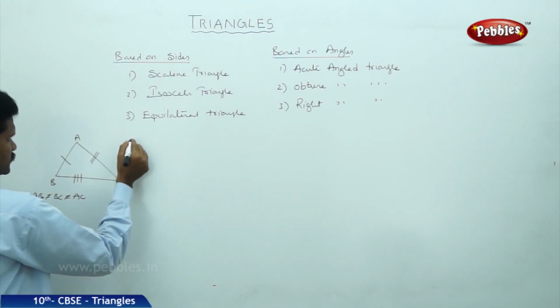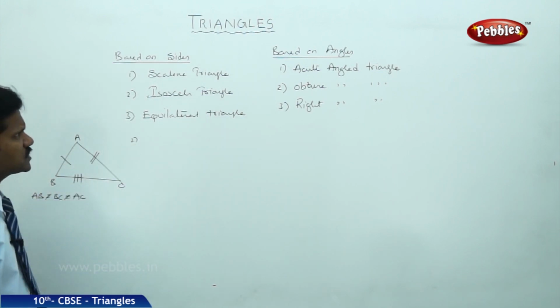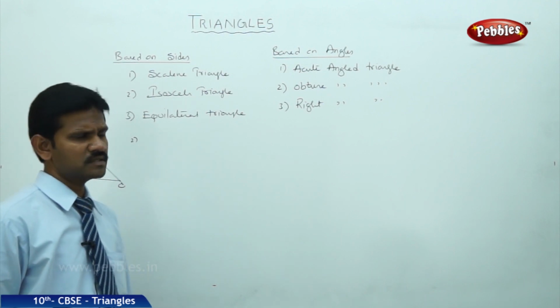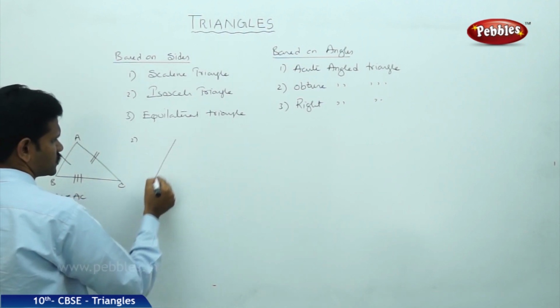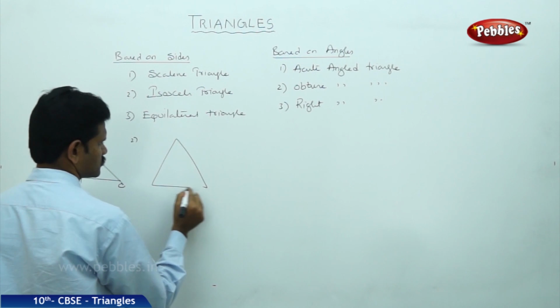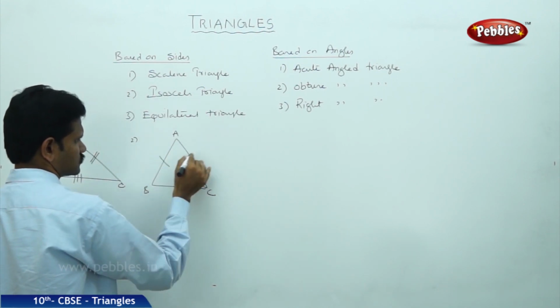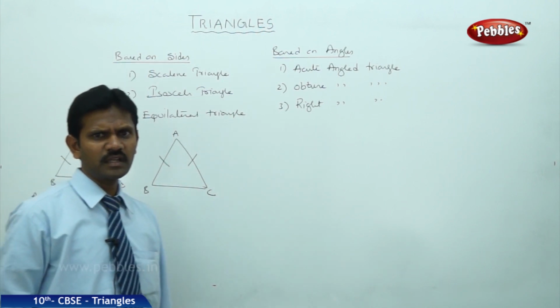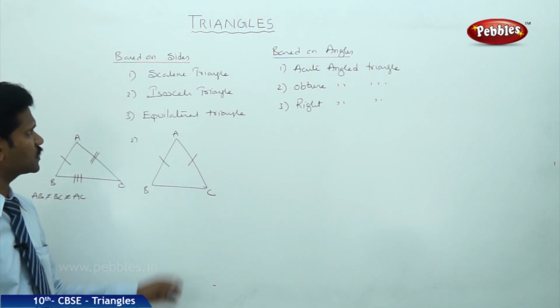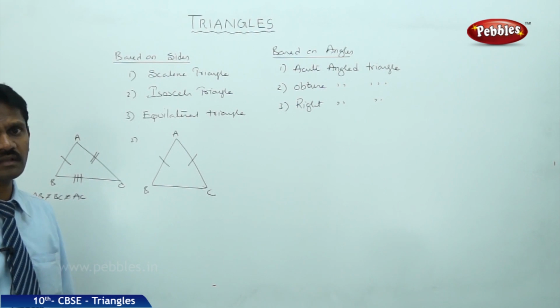Next, second one, isosceles triangle. That is, a triangle in which any two sides are equal. A triangle in which any two sides are equal is said to be an isosceles triangle.